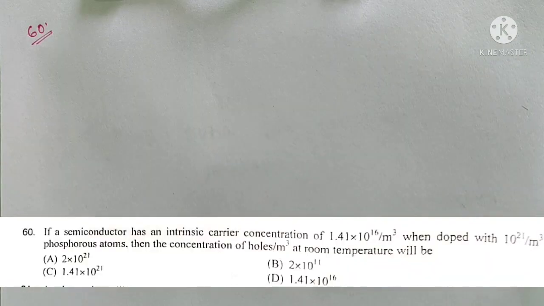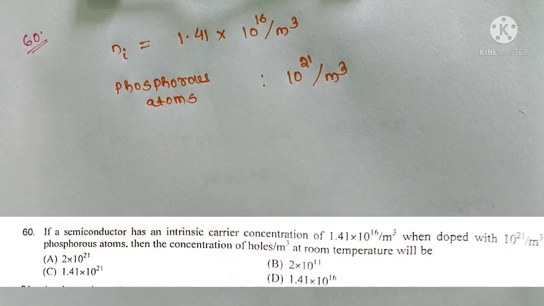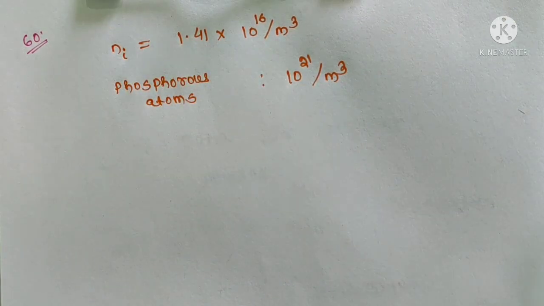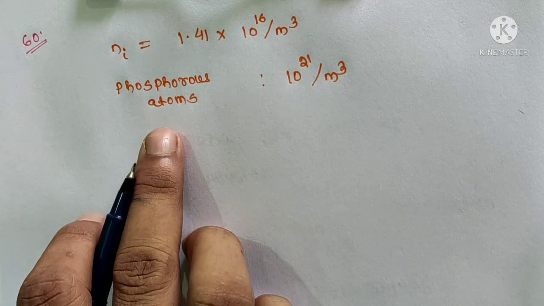Question number 60. If a semiconductor has an intrinsic carrier concentration of 1.41 into 10 to the power 16 per meter cube, when doped with 10 to the power 21 per meter cube phosphorus atoms, then the concentration of holes per meter cube at room temperature will be. Intrinsic carrier concentration is given, and concentration of phosphorus atom is given.